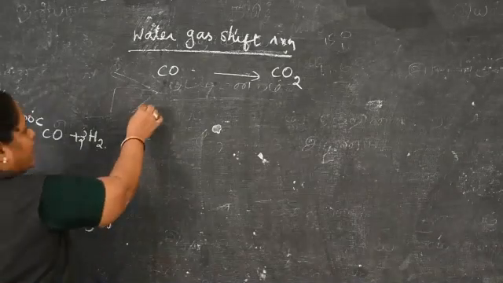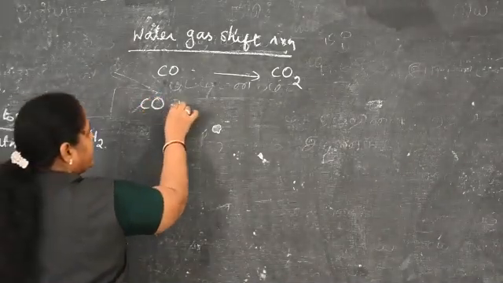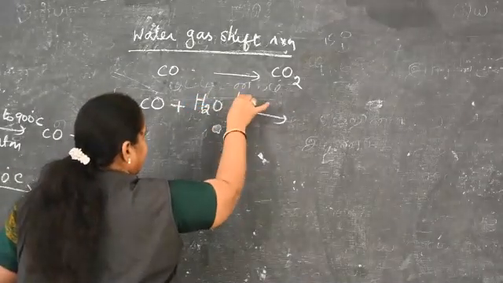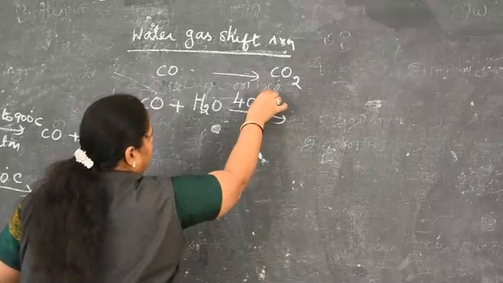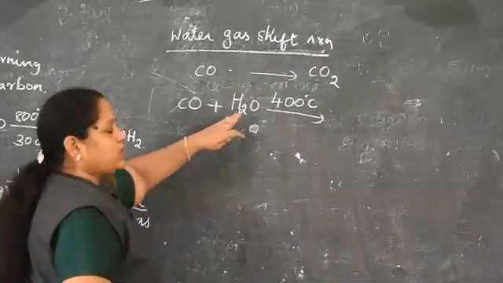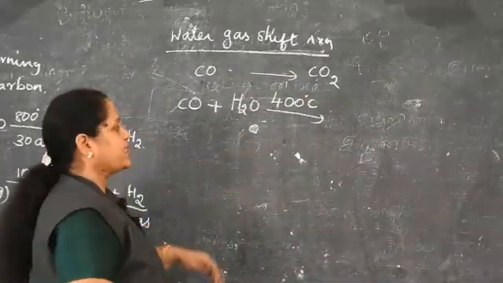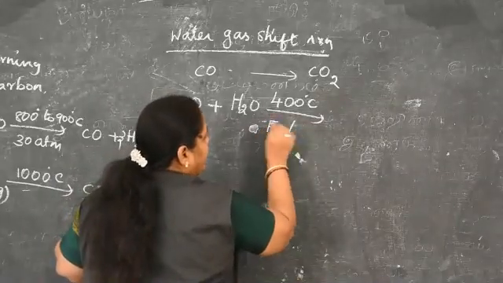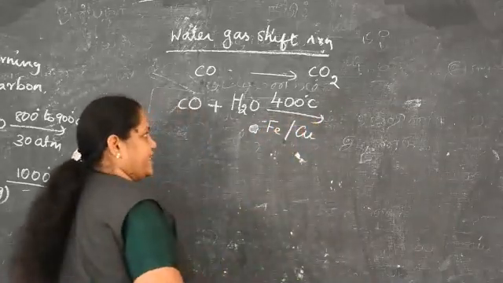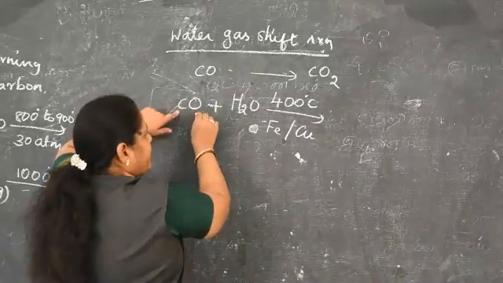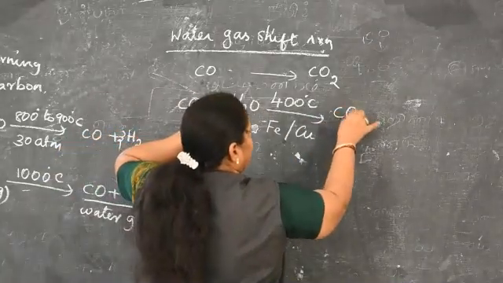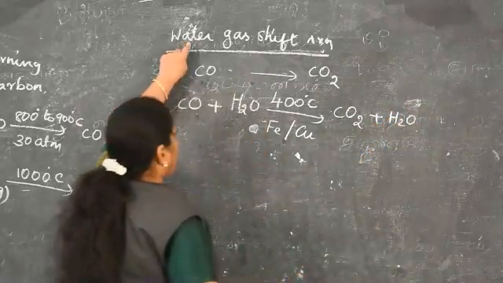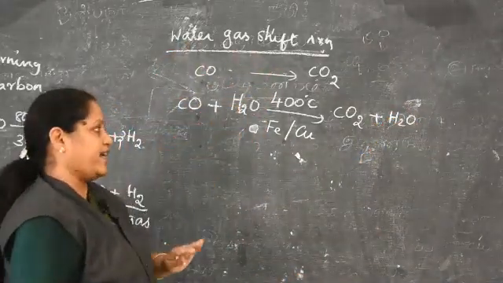In this mixture, carbon monoxide is mixed with steam at 400 degrees Celsius and passed through a shift converter in the presence of iron or copper as a catalyst. The carbon monoxide is converted into carbon dioxide. This type of reaction is called the water gas shift reaction.